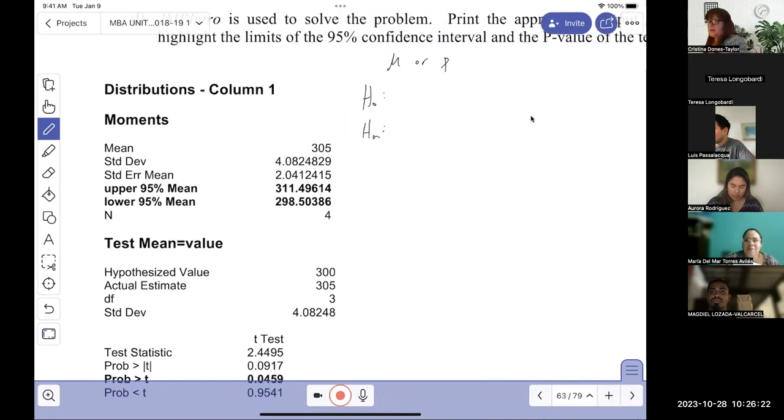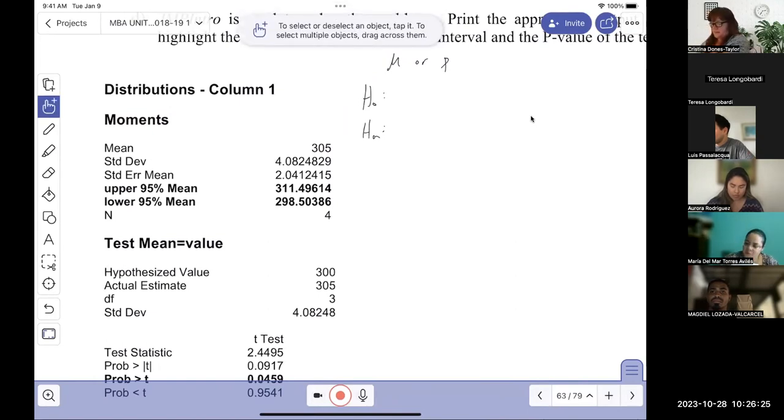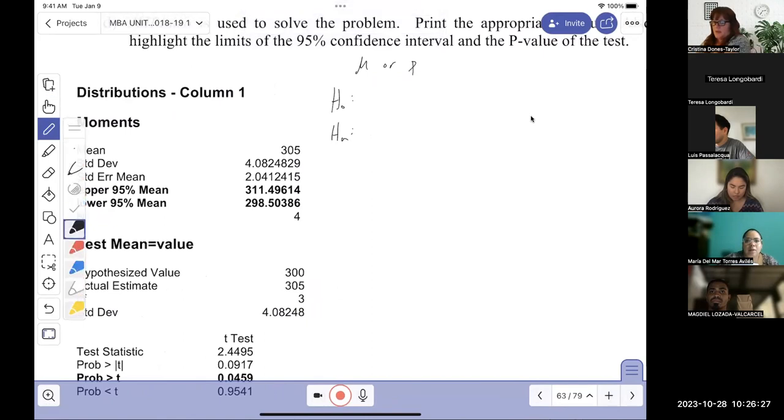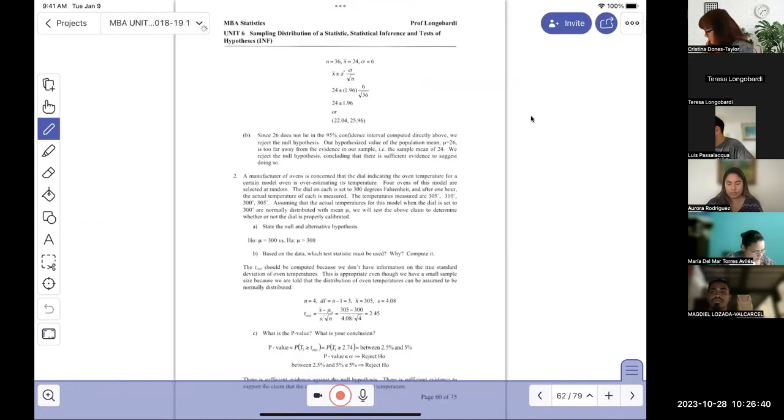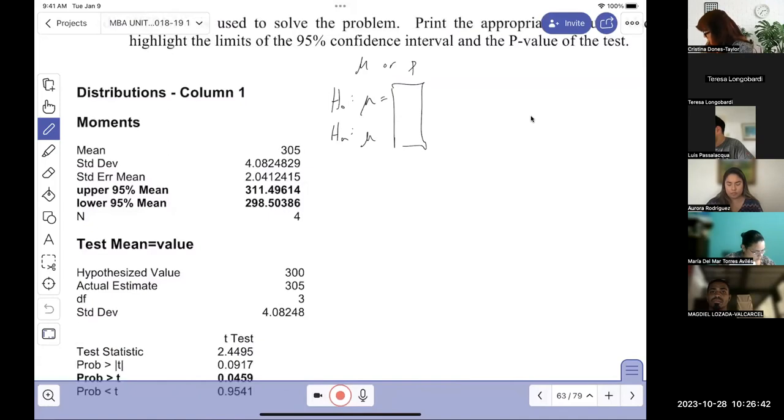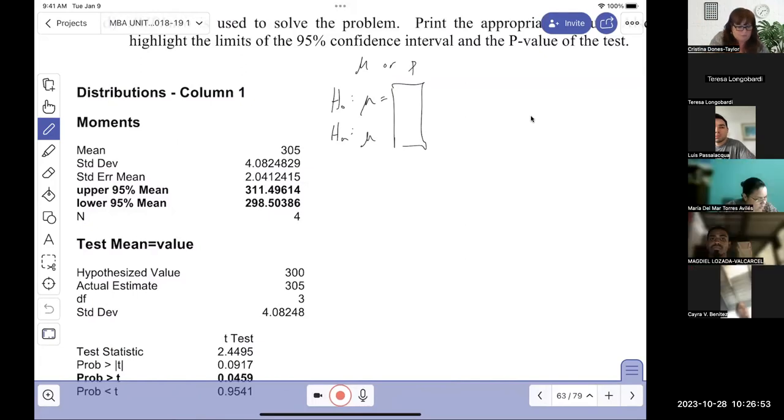I think it's mu. Right, mu. Trick question, right? Mu. So we have mu equals. Is that question number 2 on the 60th page? This is question number 2 on the 60 page, yes. That's the solutions.